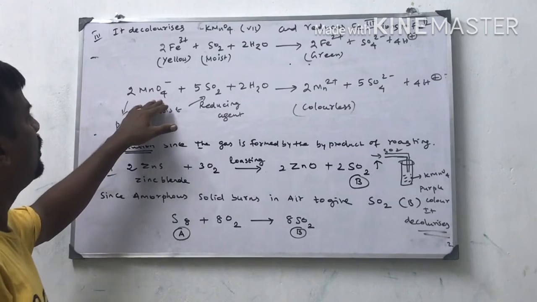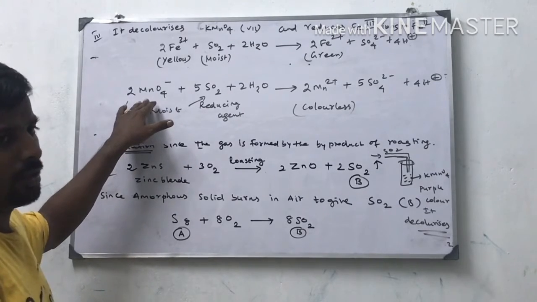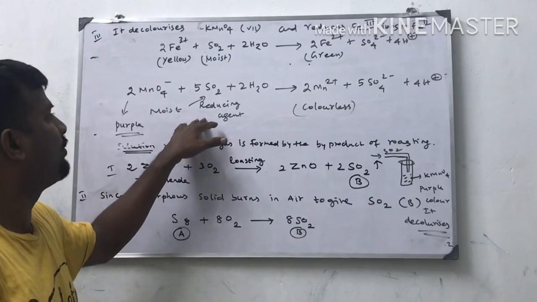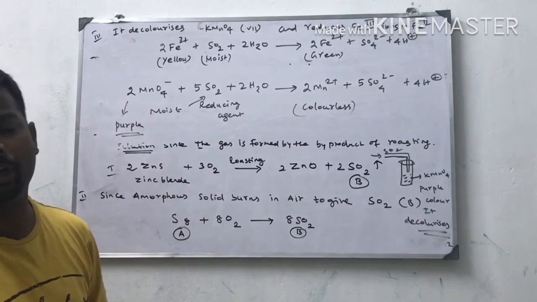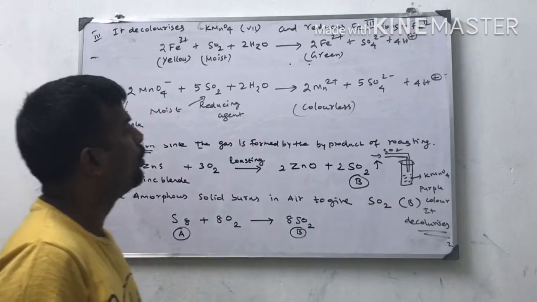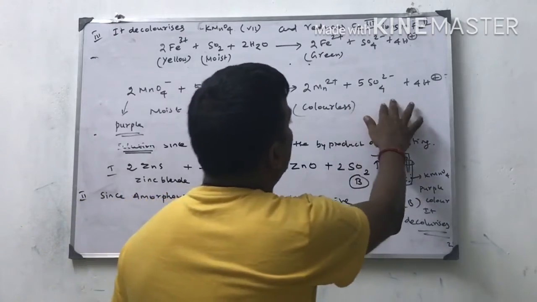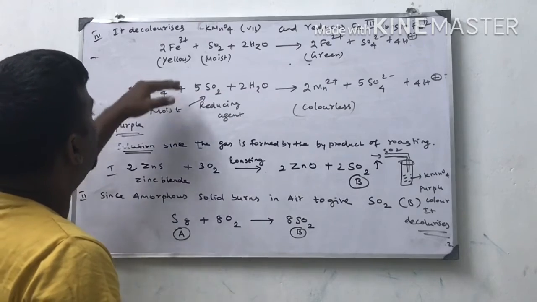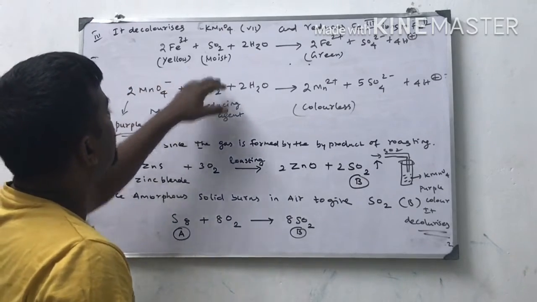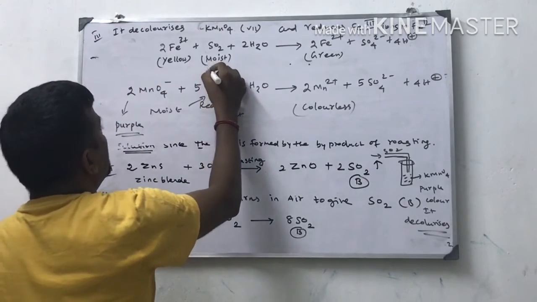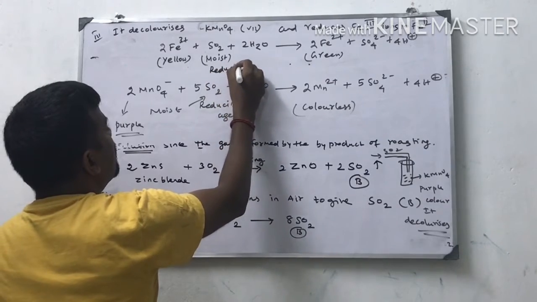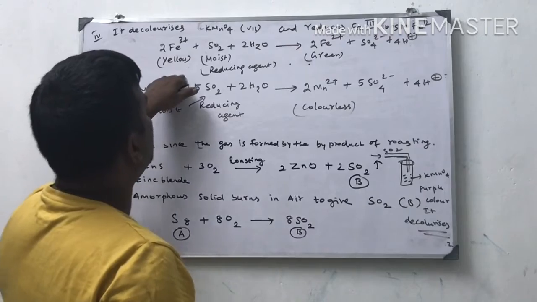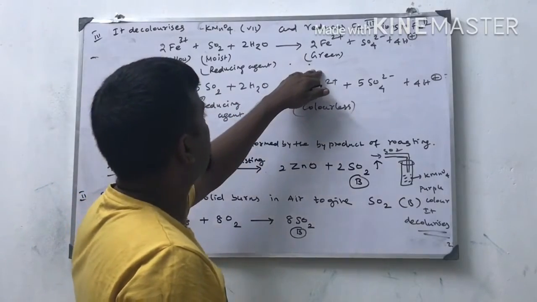Oxygen is removed from MnO4- with the help of the reducing agent sulfur dioxide. The same type of reaction is taking place. Here sulfur dioxide behaves as a reducing agent; it reduces iron 3+ to iron 2+.